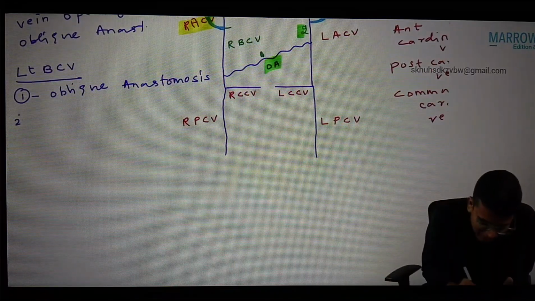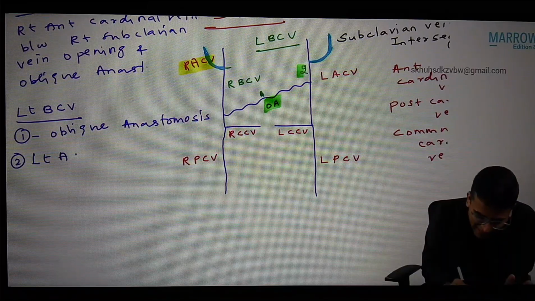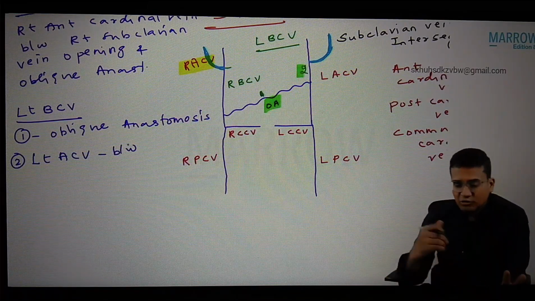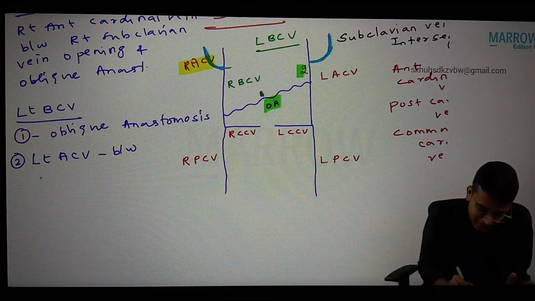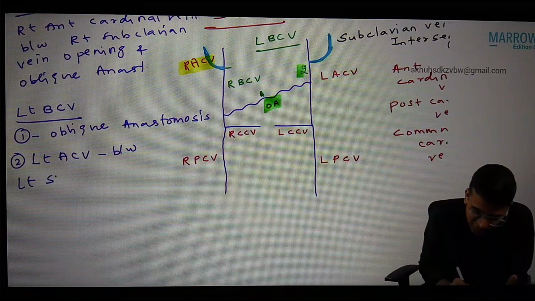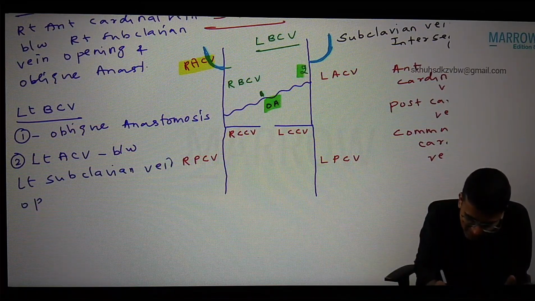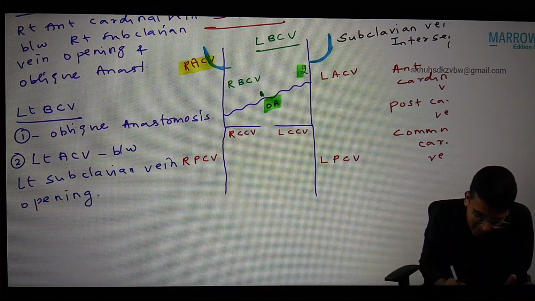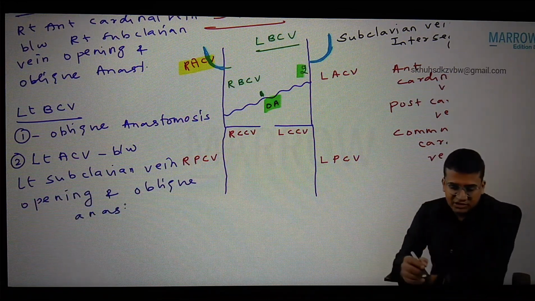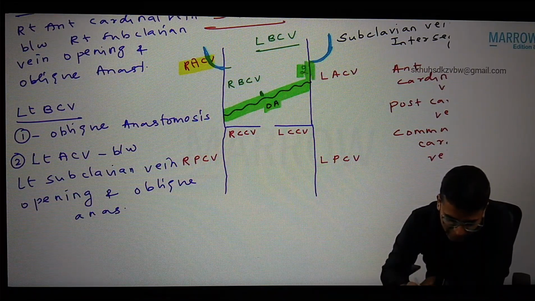Number 2 is the left anterior cardinal vein that is present between the oblique anastomosis and left subclavian vein opening. Okay. So this one is forming the left brachiocephalic vein.